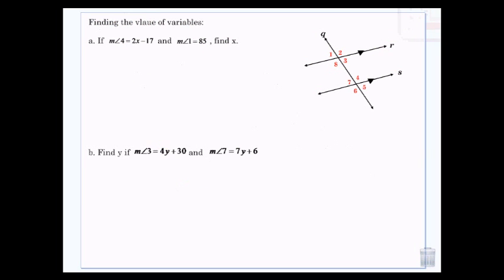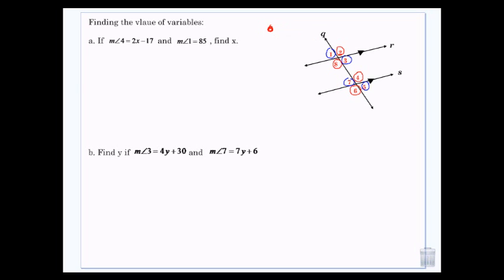Have algebra, yay! All right, angle 4 is 2x minus 17 and angle 1 is 85. Like I said, the very first thing I always do is go through and mark them and say, okay, all those are the same, all these are the same. I have angle 4 and angle 1. Angle 1 is blue, angle 4 is red.